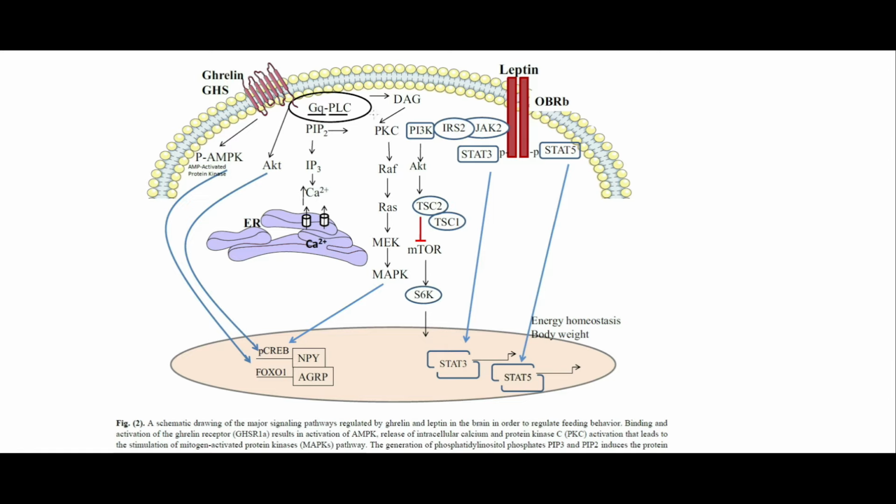phospholipase C, which then cleaves off from the cell membrane this inositol phosphate here to generate this inositol triphosphate, and it results in this diacylglycerol. The inositol triphosphate goes to the endoplasmic reticulum.